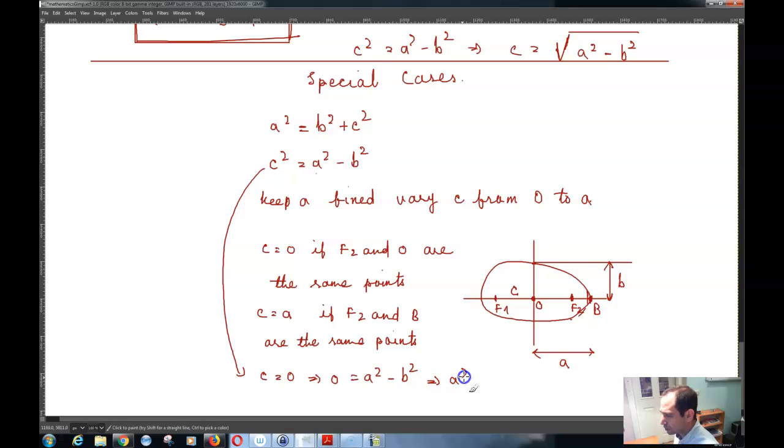That means that a squared is equal to b squared, and that means that a is equal to b. Now this distance over here is a, and this distance over here is b. So if a is equal to b, then you will get a circle.